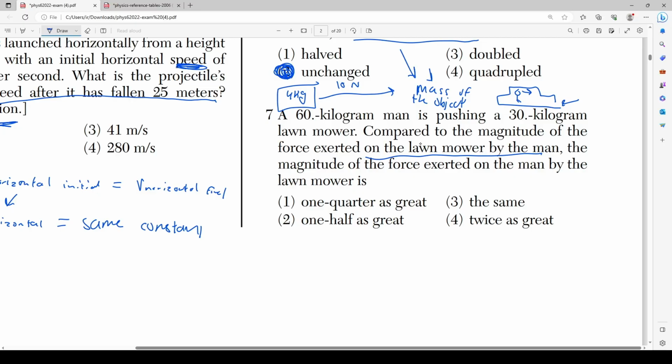Well, you should be thinking of Newton's third law, which is every action has an equal and opposite reaction.